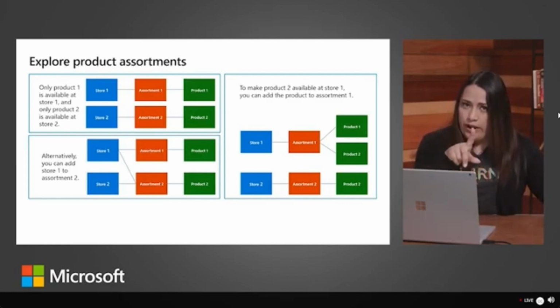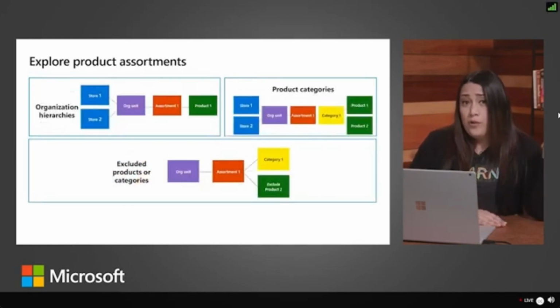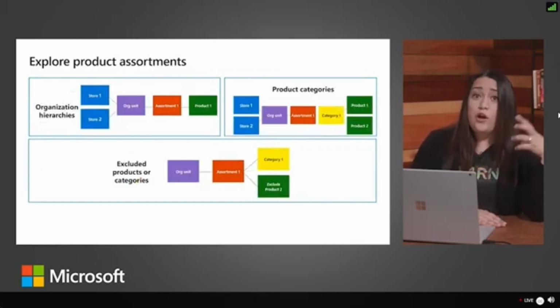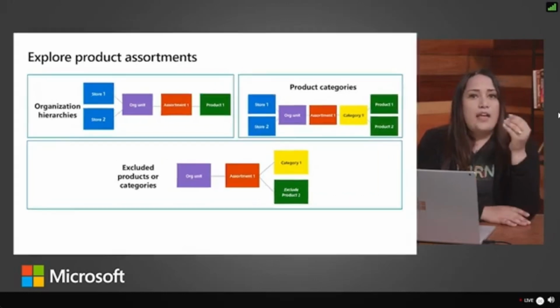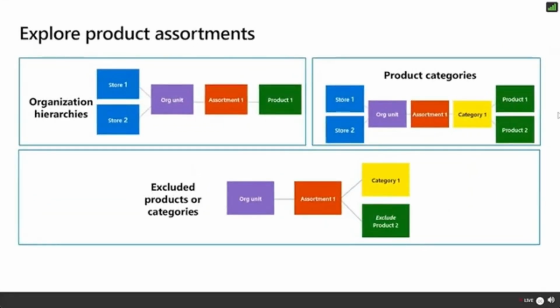Now, I do want to point out here that you absolutely can configure multiple active assortments per a single channel. Now, on the product side, you can include a group of products by using a product category hierarchy. And you can configure the assortments by including one or more category hierarchy nodes. Then what will happen is the assortments will include all the products that are in that category node and all of the child nodes.